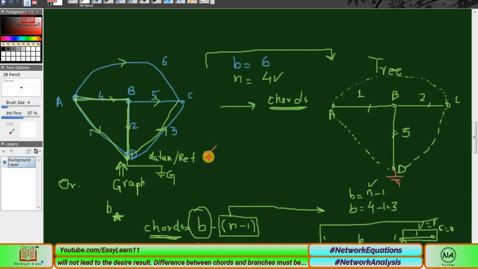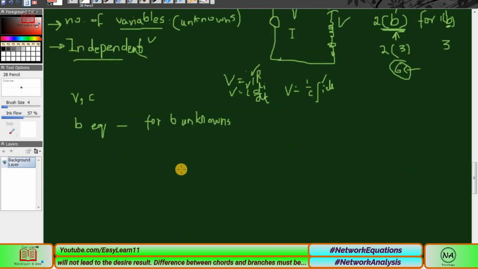So first, b equations for b unknowns, this is our first point, and in the second point we need to select a reference node. Reference node selection is really very important.